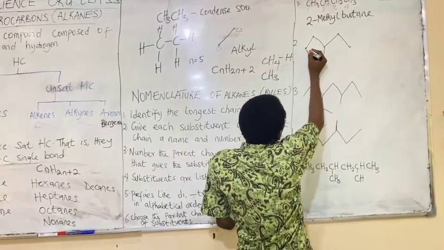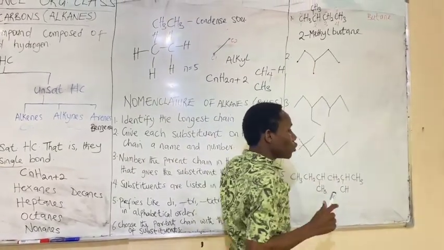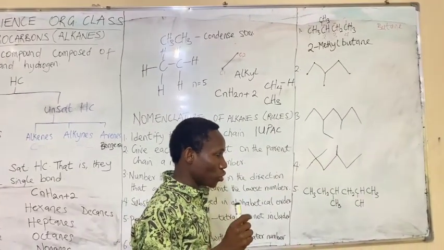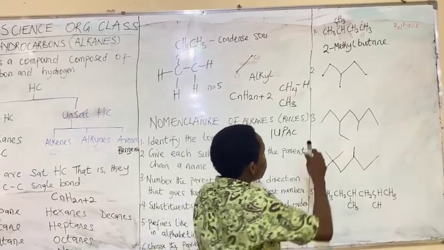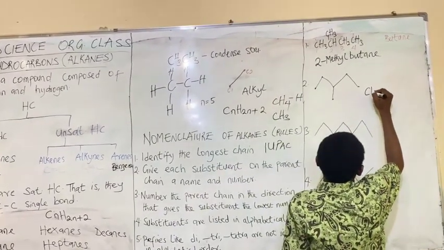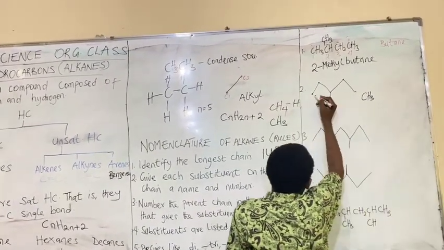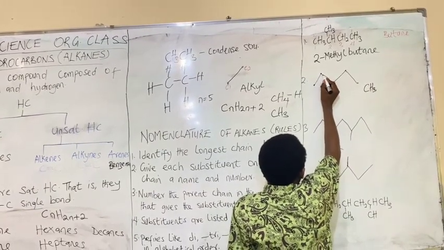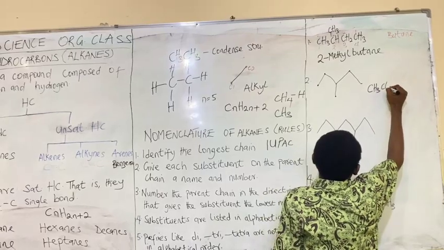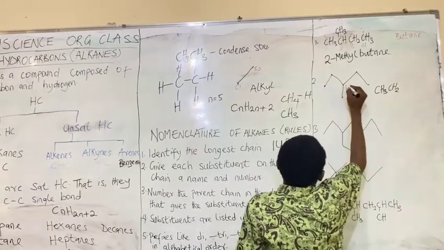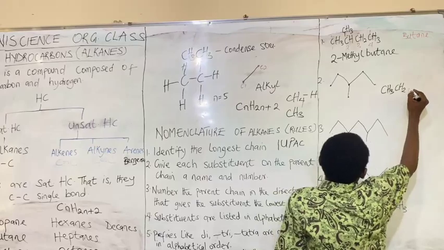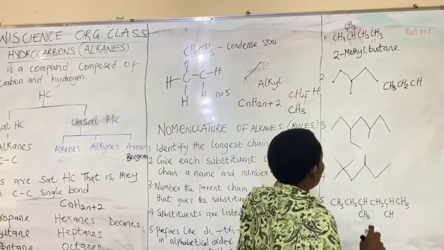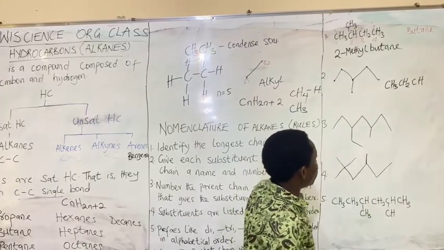I told you carbon is here, right? And at the beginning of any alkane, 3 hydrogens must be attached to it. So this will be CH3. Then the rest will be CH2, apart from the last one. This will be CH2. Let's go to this. This will be CH, no longer CH2, because a methyl group is attached to it.